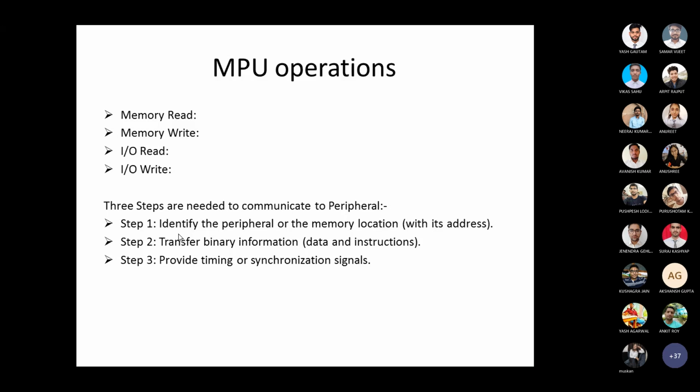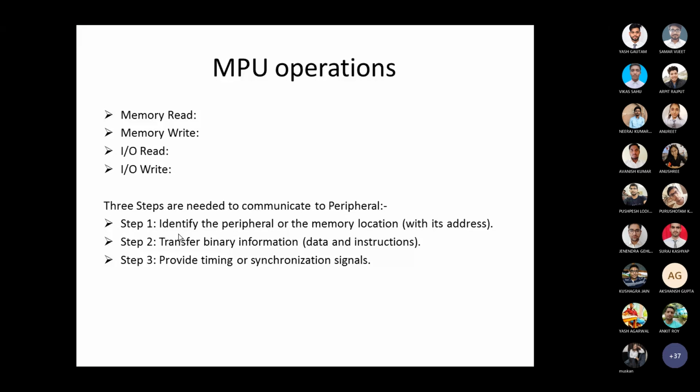So there are three different steps to communicate with peripherals. First is to identify the peripheral or memory location, that is, at which memory location the data has to be transferred or manipulated.